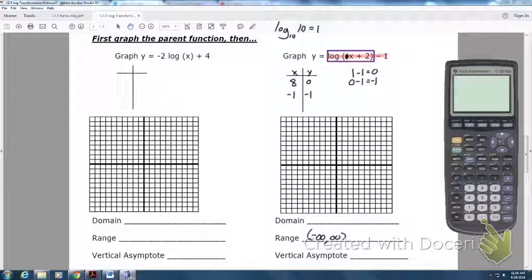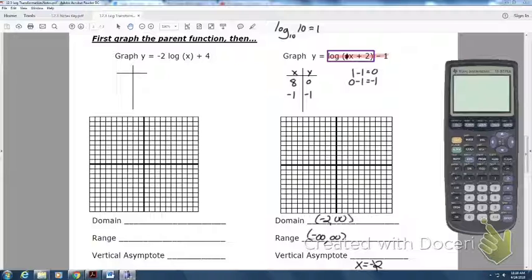What is the C value? It's 2. So if in the equation it's positive 2, what is my vertical asymptote? X equals negative 2. And so, Kate, that means that my domain is what? Negative 2 to infinity. Okay.